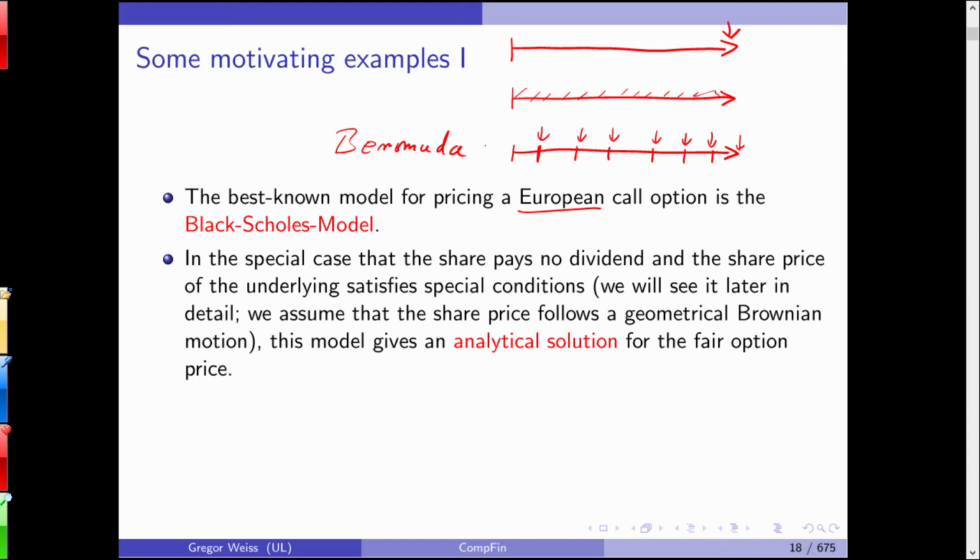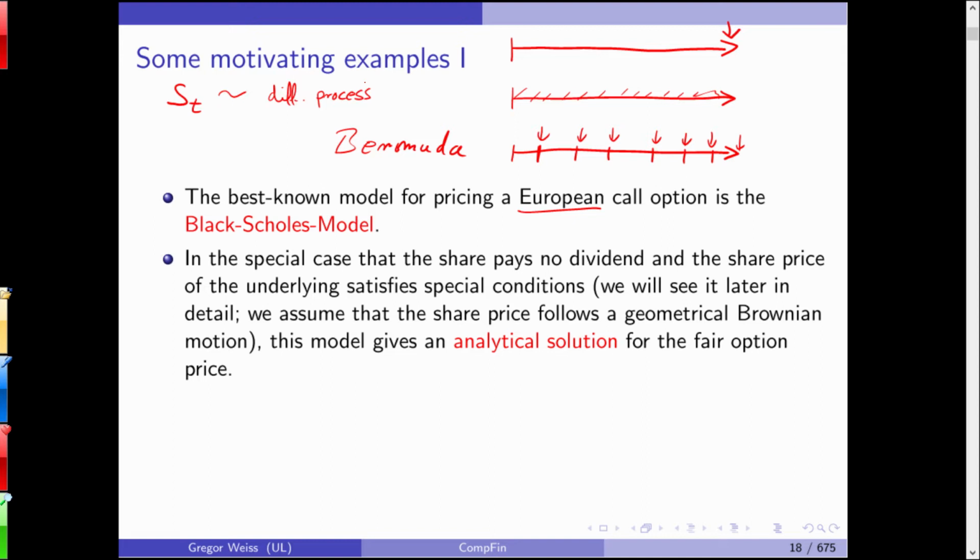I'll give you the general idea. You start with an underlying price S_T. You simply assume that this is a diffusion process. More precisely, you assume that the stock price follows a geometric Brownian motion.